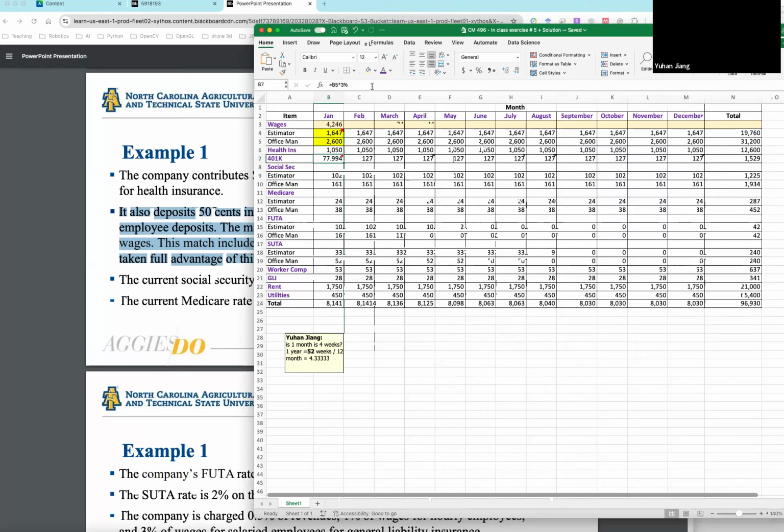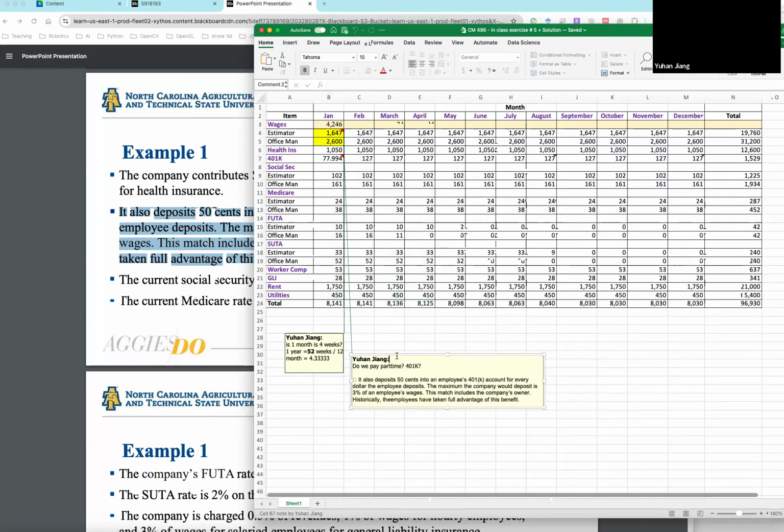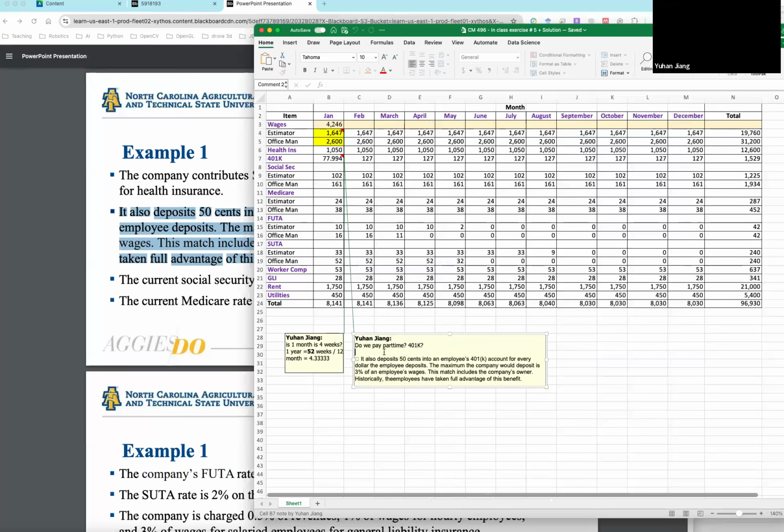Oh, that's still, if we change it to 3 percent, let me show these notes. This information is from the lecture notes. We're using not B5, we're using this number, this 2, and then we get this one.